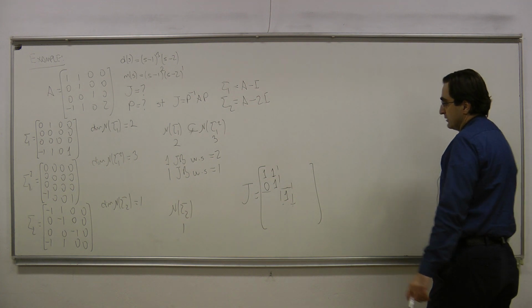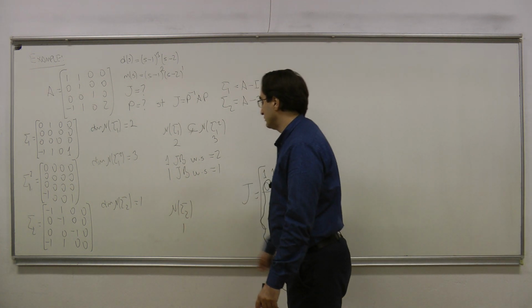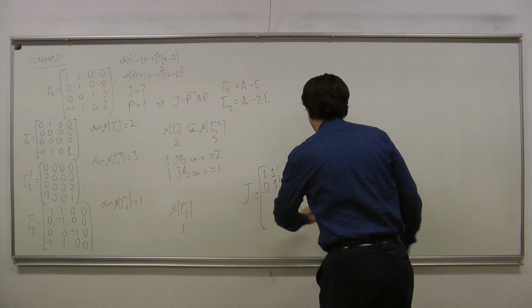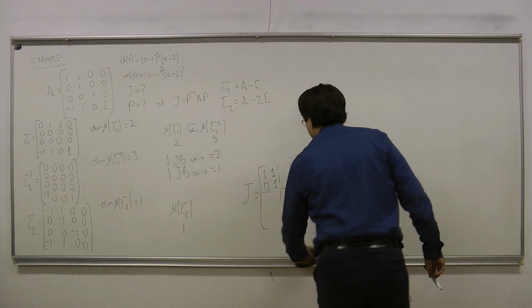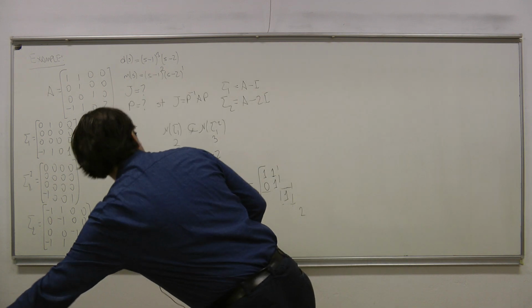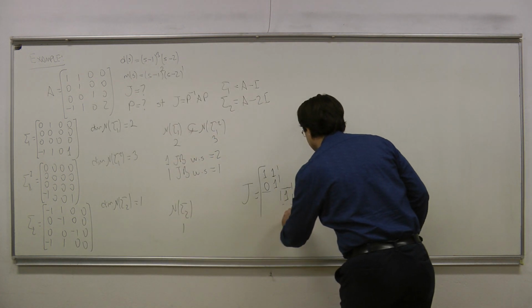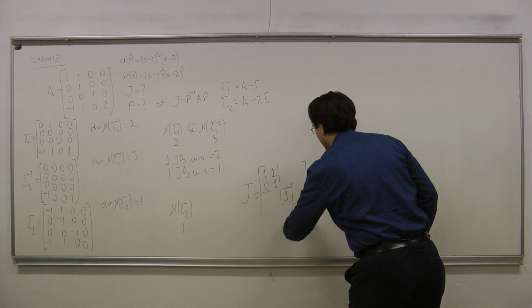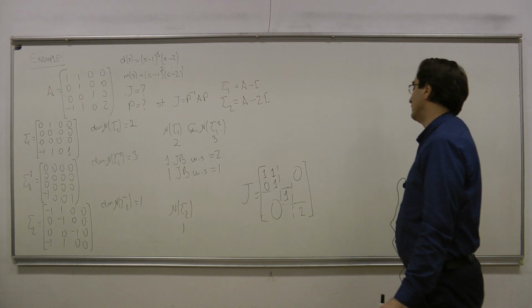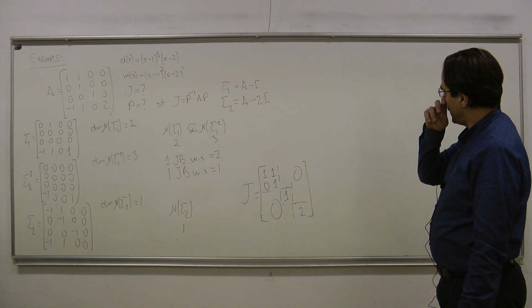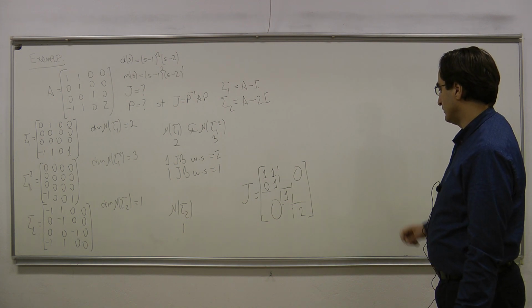That means there is only 1 Jordan block with size 1 here. That is for the second eigenvalue, which means that this is going to be my Jordan canonical form. This is the other block corresponding to the other eigenvalue, and the rest is equal to 0. Okay? So I have found the Jordan canonical form.